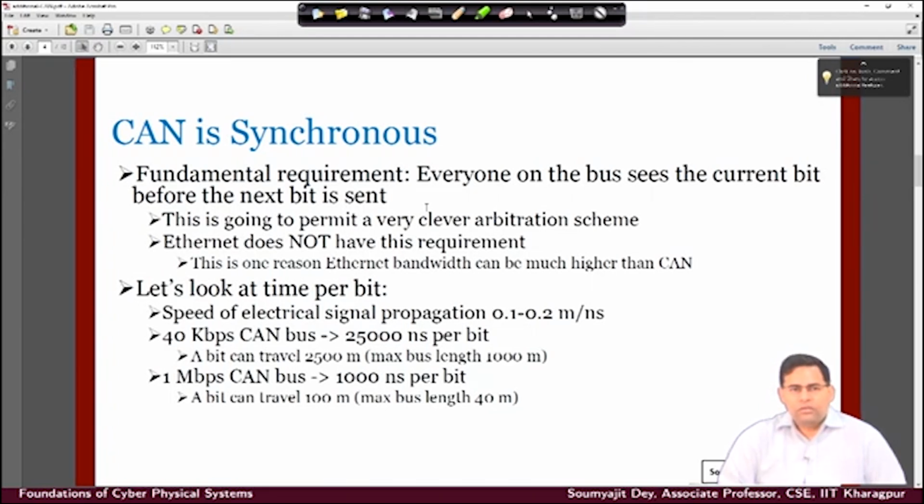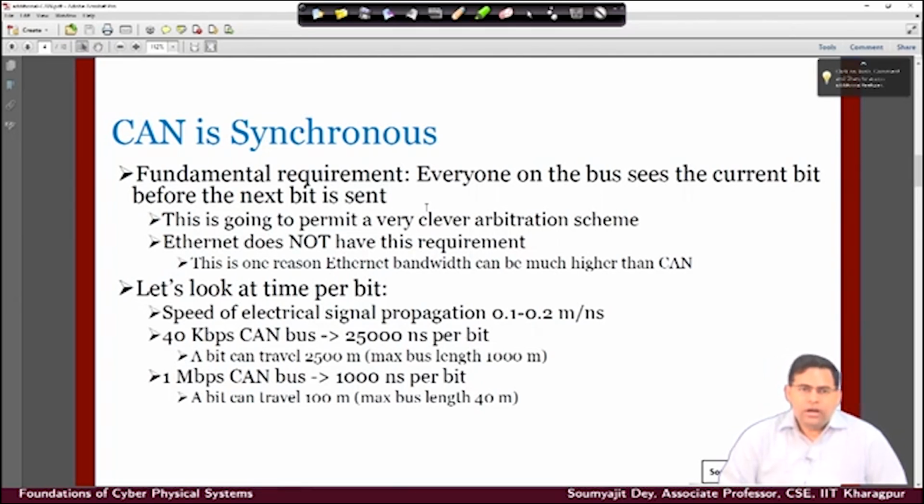We will soon see how this kind of arbitration is done, and this also makes CAN synchronous. That means the bus is operating in a cycle-wise manner. If two nodes are transmitting, their bits are either sent at the same time or in different cycles.